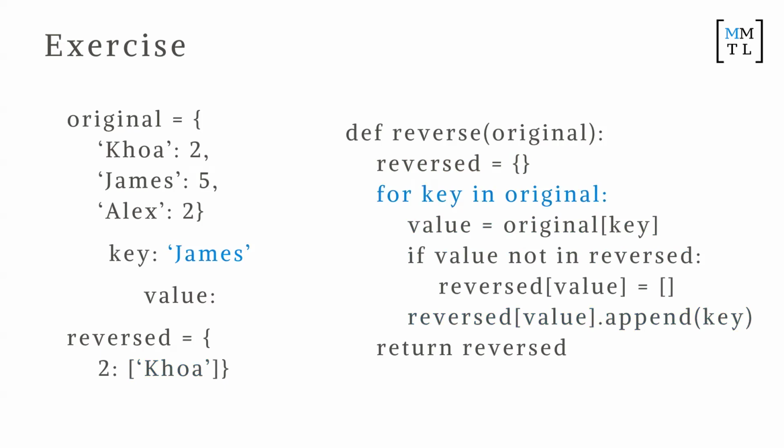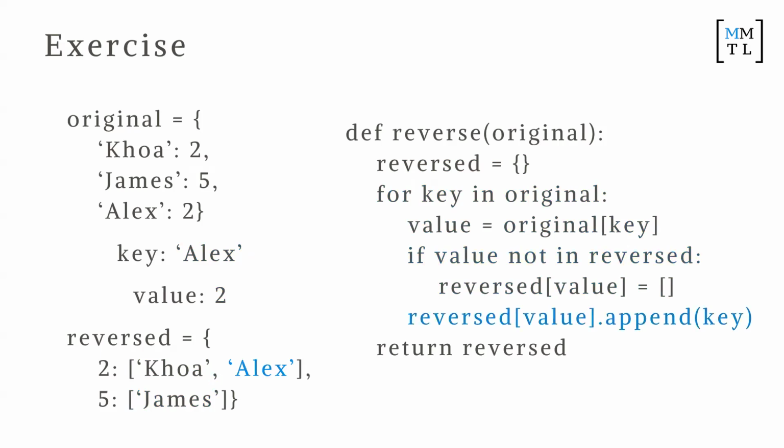James, in this case, we're going to go through the exact same logic. And we're going to create a new list with 5 as the value, and then append James to it. Okay. Now what happens when we have Alex? And Alex has the exact same value as Qua in this case. In this case, this if would be false. And so it ignores it, and it simply appends Alex to there.